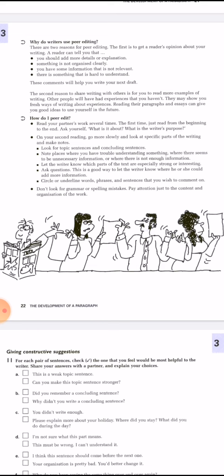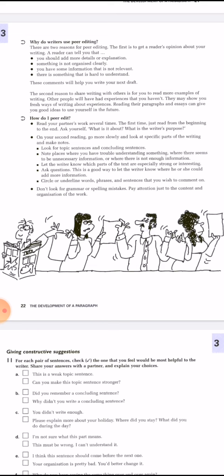On your second reading, go more slowly and look at specific parts of the writing and make notes. Look for the topic sentence and controlling idea or concluding sentences. Note places where you have trouble يعني الأماكن اللي شو بيها مشكلة تحددها.